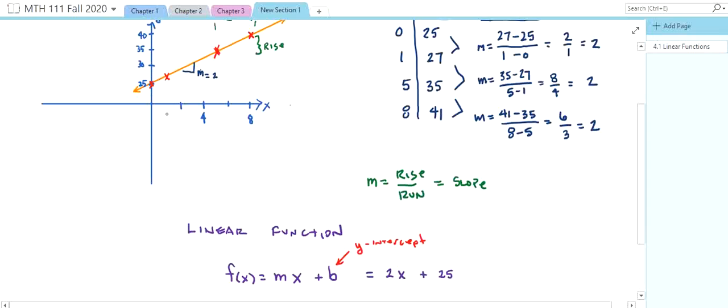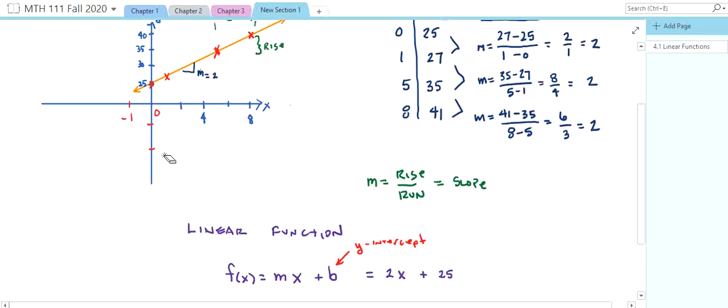It's the place where the function intersects the y-axis, and that always occurs when x equals 0. So this is 0 here. We could go negative here, or negative down here in the y direction.